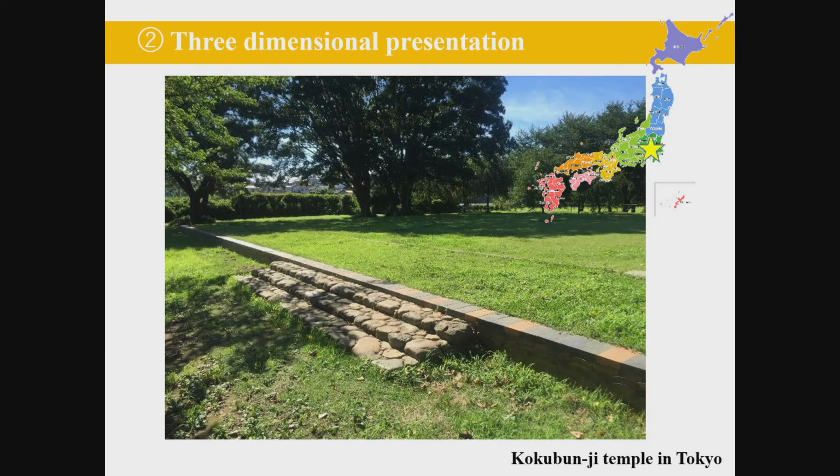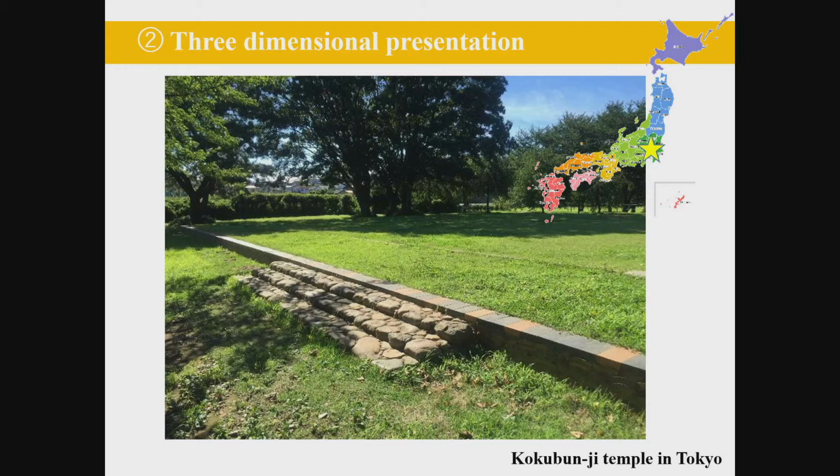This is an example of 2, 3-dimensional presentation. The photo shows the site of an ancient Buddhist temple in Tokyo, categorized as Kokubunji temples, branch temples established in each province of ancient Japan. Shown in this photo is a podium or platform of a building.